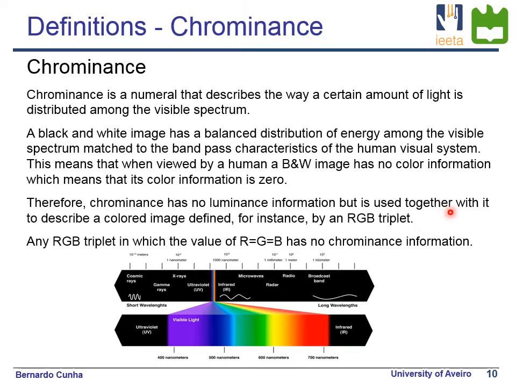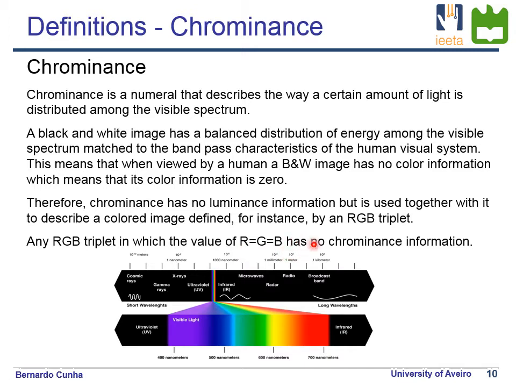And in fact, any RGB triplet, that is, the triplet means three values, one for red, one for green, and one for blue, in which the values of each of the three components is equal, that is, if red is equal to green and equal to blue, has no chrominance information. Means that the distribution among the spectrum is exactly the same for red, green, and blue.